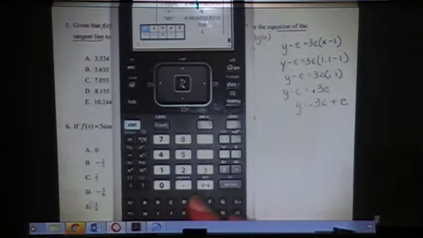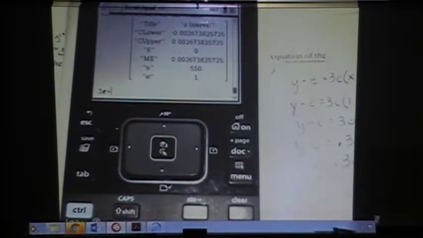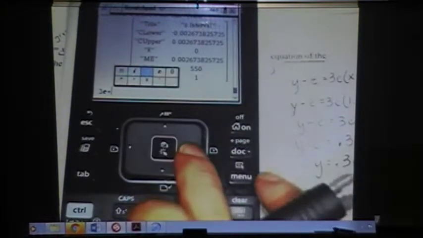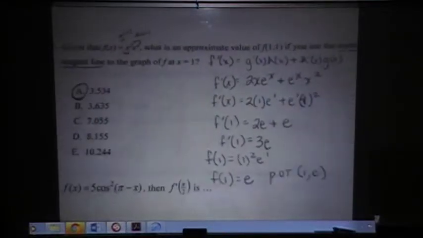If you've forgotten where e is, it's down in the pi. If you hit the pi button down on the left hand side, e is there. 0.3e plus e is 3.534. So it looks like A. So your final answer is going to be A.